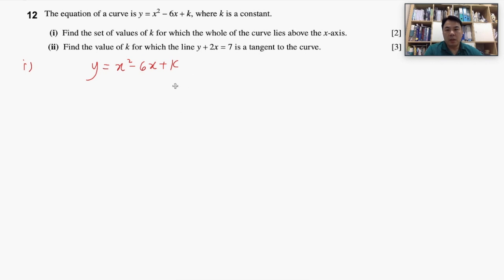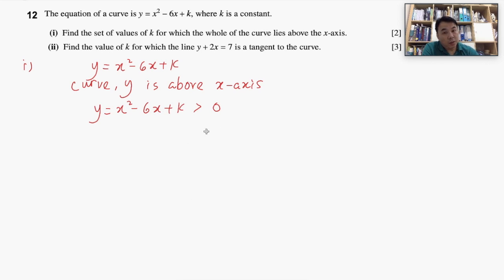Since they want the curve to lie above the x-axis, I would make the assumption that y is greater than 0, but it's not the discriminant that is greater than 0.